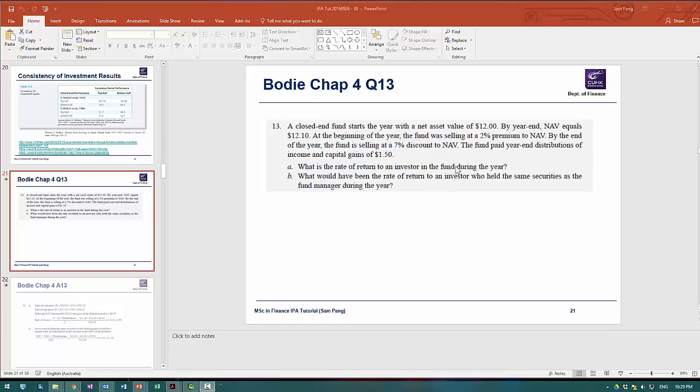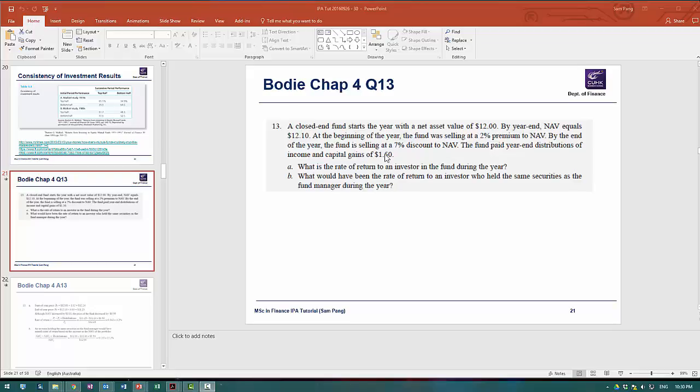Now this premium stuff, 2% at the start and 7% discount at the end, is the deviation arising from investors not always truly knowing how much the assets are really worth precisely. And this $1.50, I know it says here the fund paid a year-end distribution of $1.50.